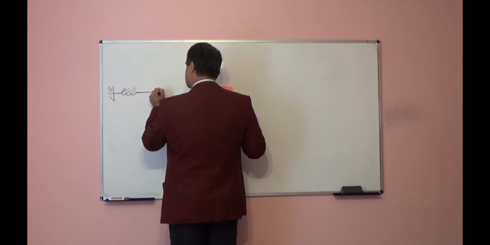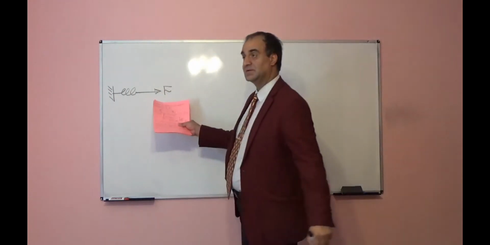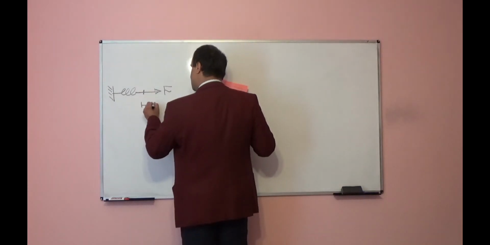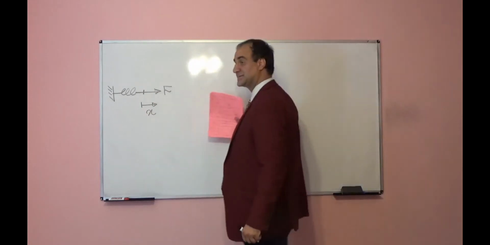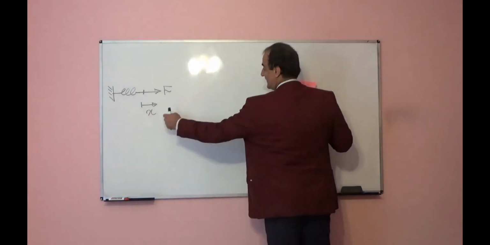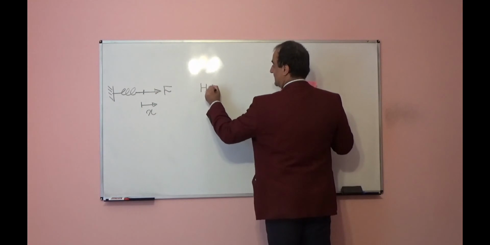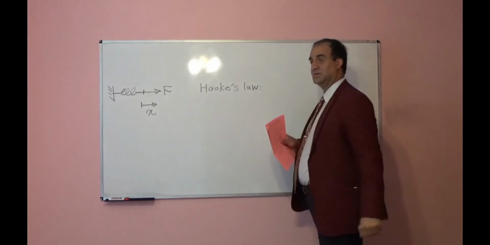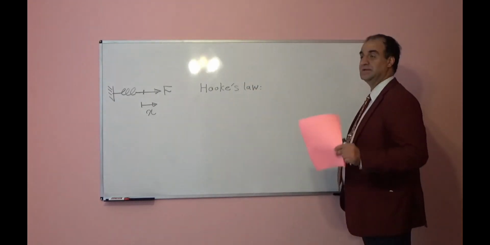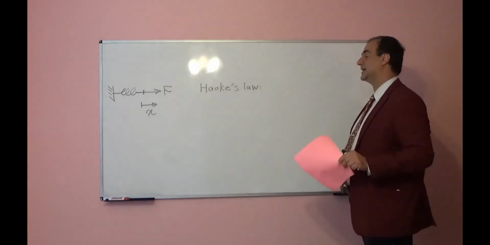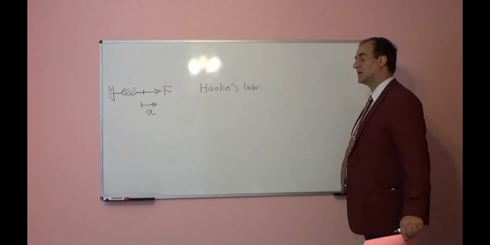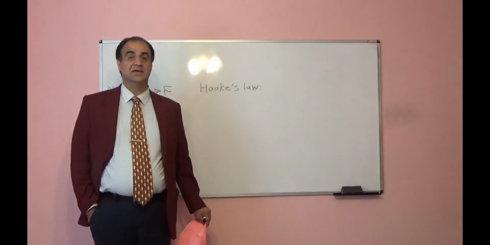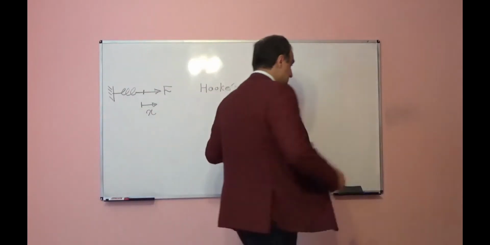If I apply force F to this spring, I will have an elongation X. What is the relation between F and X? That we call Hooke's law. Hooke first defined the relation between F and X, and for that reason we call it Hooke's law. He was a British scientist in Newton's time, so this law is very famous.